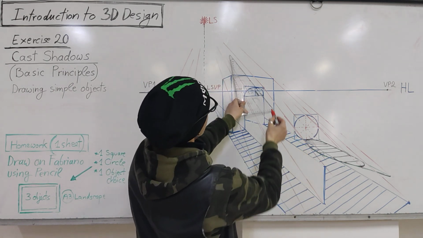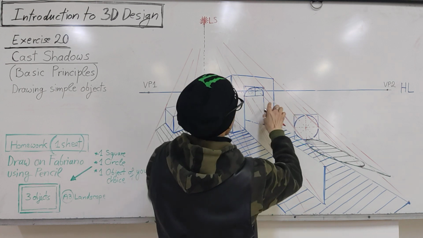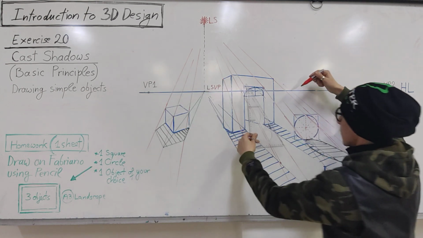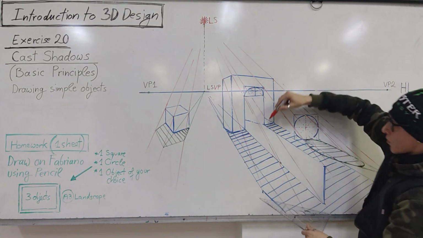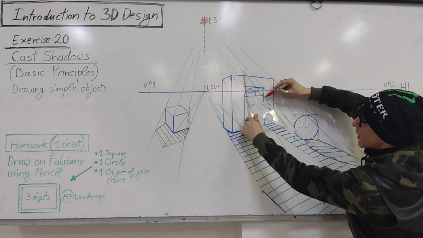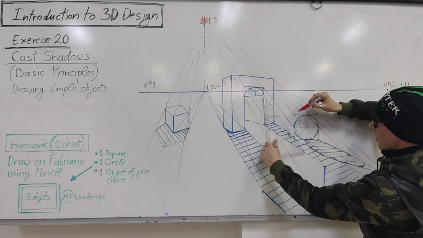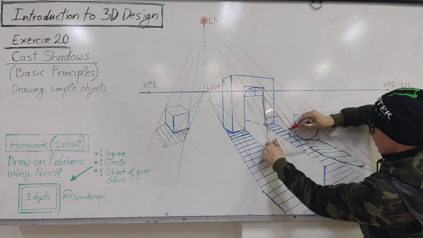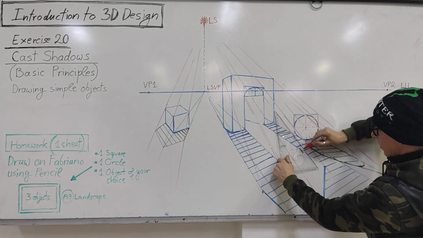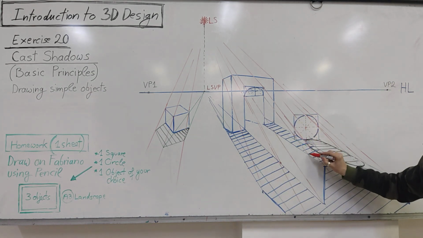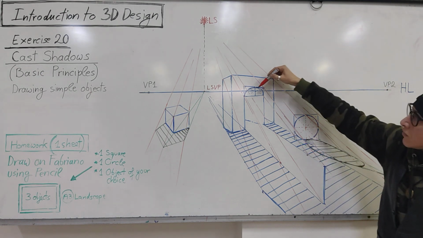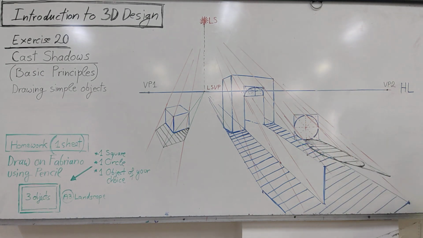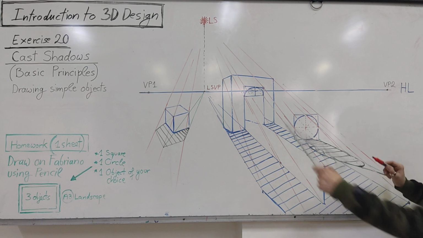From the light source, so this point on this line from the light source again. So it intersects this line here, we mark it. And this point through the light source must be located on this line.